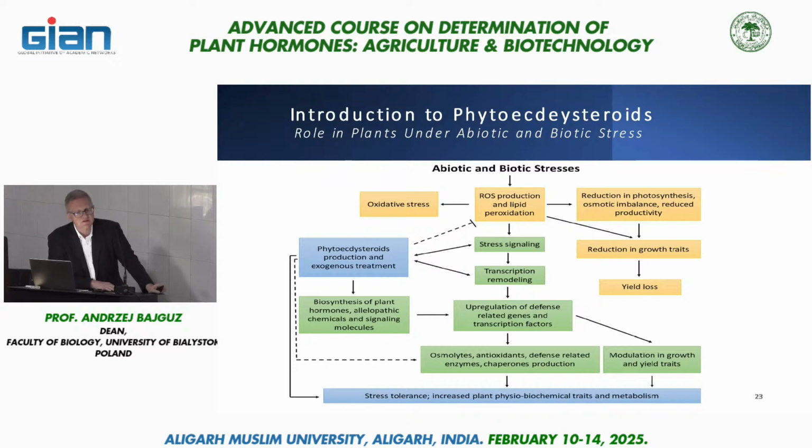This graph, of course, summarizes the protective role of phytohormones against the action of abiotic and biotic stresses. As you know, phytohormones can interact synergistically with hormones like jasmonic acid and salicylic acid, which are pivotal in plant defense response to these stressors.